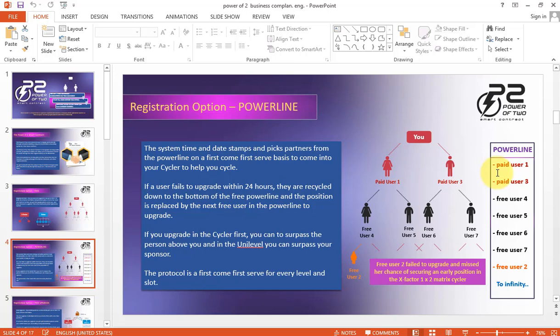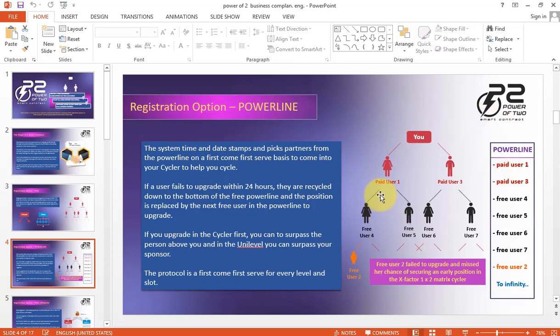Now in the POWERLINE network, the system will find you your partners and notify you to upgrade to begin earnings. Once the system finds you the two partners and you upgrade, you are then entered into the active program, which is the 1 by 2 matrix, which is the X Factor of this system, to begin earnings, as an example shown over here.